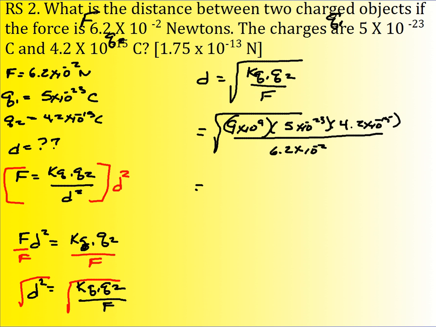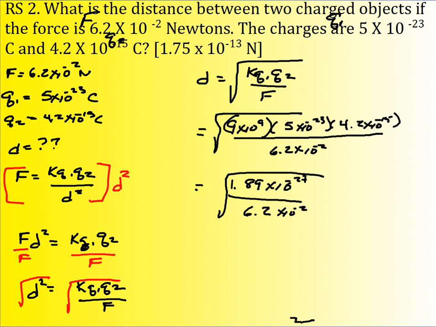All right, 9 times 10 to the 9th times 5 times 10 to the negative 23 times 4.2 times 10 to the negative 15. And you get a numerator of 1.89 times 10 to the negative 27 divided by 6.2 times 10 to the negative 2, and you have to square root that. Now do this division right here.